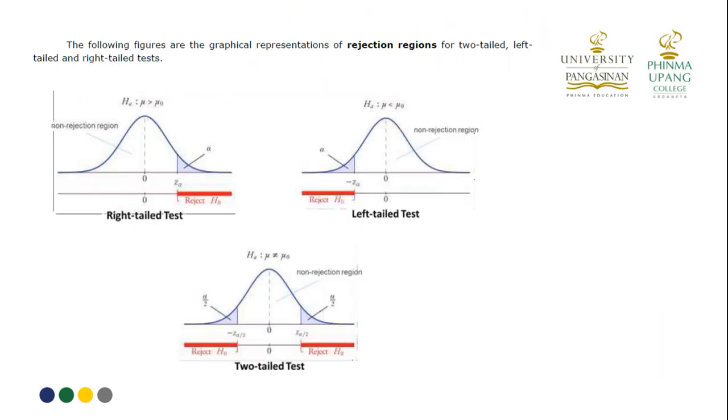Next, ano ba ang tinatawag natin na rejection area or the rejection regions? Siyempre, yung mga non-shaded region, that is what we call the non-rejection region. Yan. So, kung ano yung tinuturo niya dito, yung mga hindi shaded area, that is what we call non-rejection area.